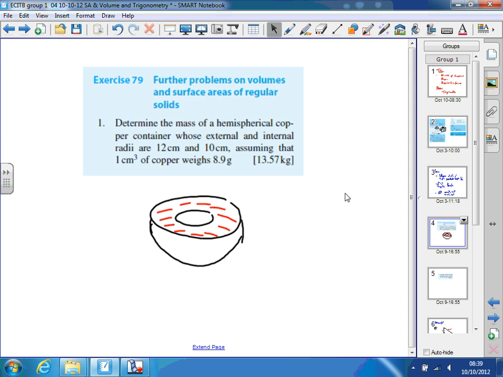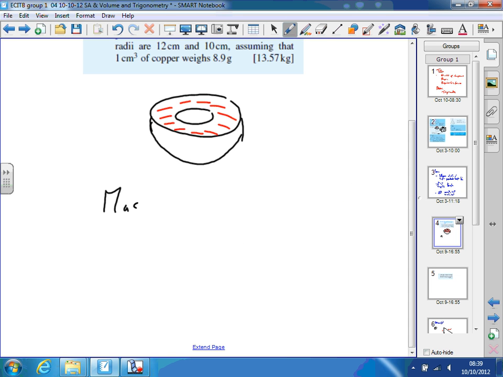So the mass equals 8.9, which is actually the density, isn't it? 8.9 grams per cubic centimetre. So what they're telling you there is the density of copper. 8.9 multiplied by the volume. So you've got to find the volume of this thing. So that's what I was wondering whether or not you were trying to tell me. A plan of how to find the volume. What are we going to do to find the volume of this thing?